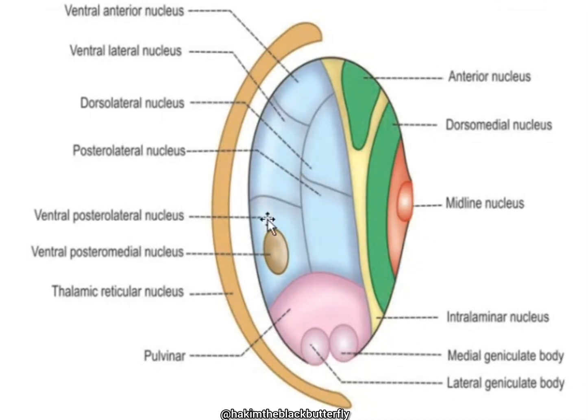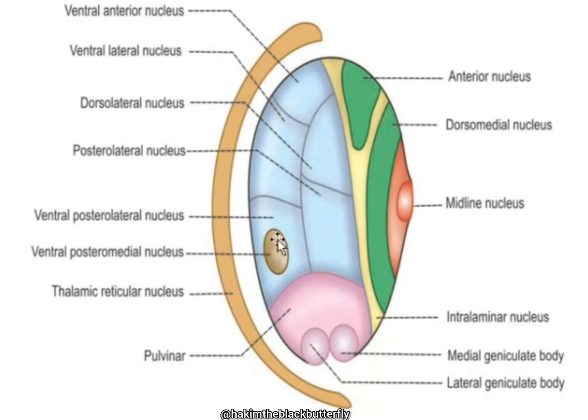This is the lateral aspect. So these are the posterior nuclei. These are the lateral nuclei. These are the medial nuclei, which are colored green. And these are the midline nuclei, which are colored red.